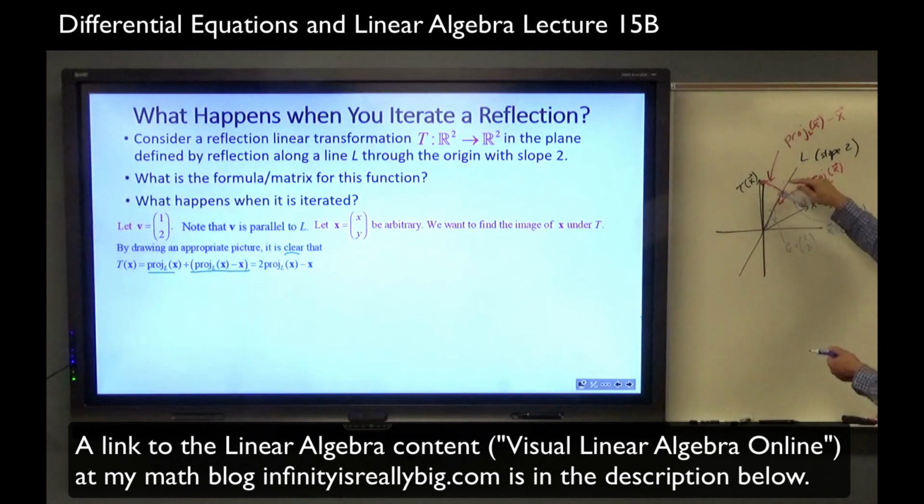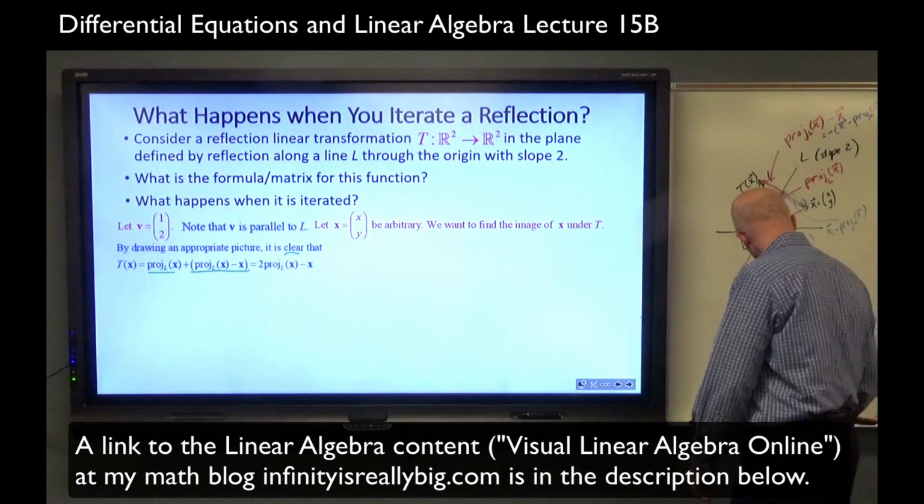And the red vector over here is its opposite. This projection minus x is the opposite of x minus the projection, its additive inverse, because it points in the opposite direction and has the same length. Okay, that's the vector that I add to the projection vector.